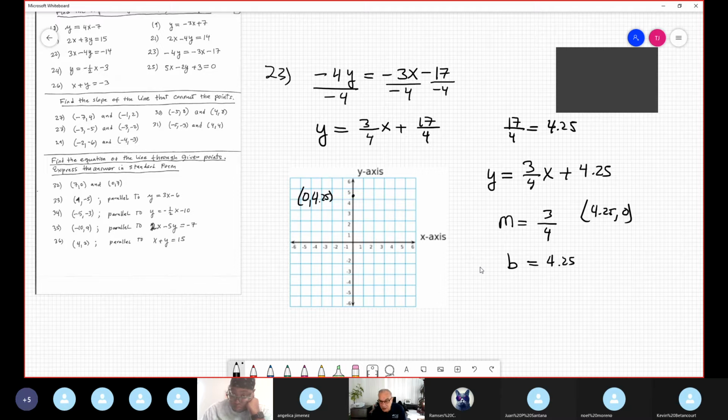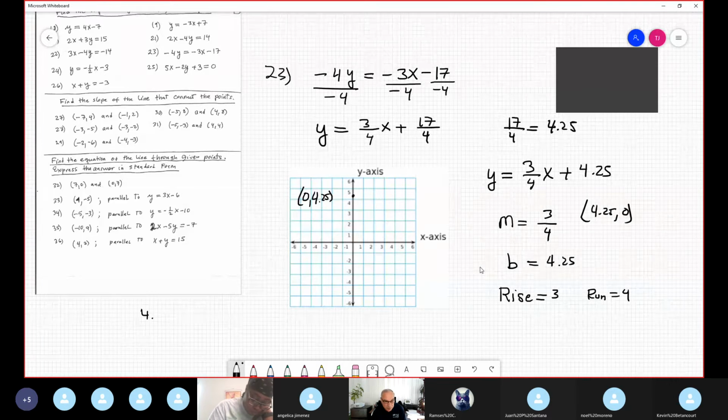Now, using the idea of run and rise, in our example, rise is 3. Look at that. It's the top part, numerator, and run is the denominator, 4. So rise is 3. 3 in what direction? Well, 3 up, because it's positive. So 4.25 plus 3 is 7.25.